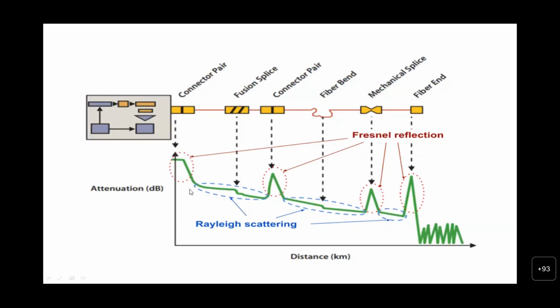Here the Rayleigh scattering portion is being indicated. Similarly, Fresnel reflections at connector pairs, fusion splices, and mechanical splicing are shown in this picture.